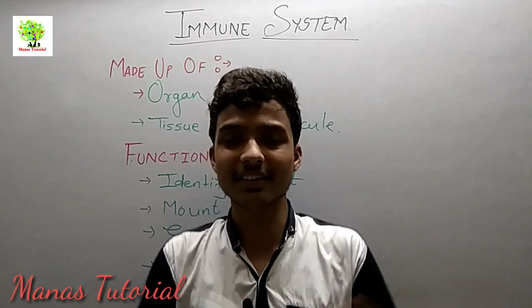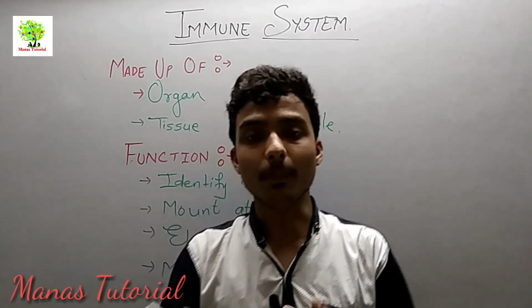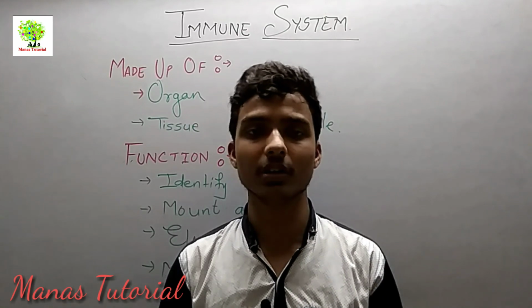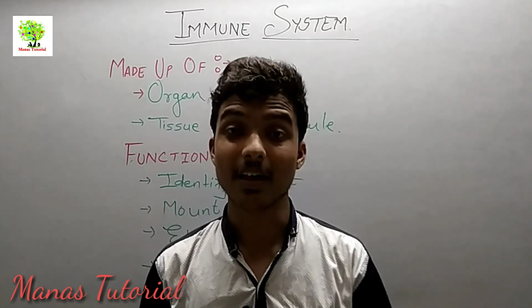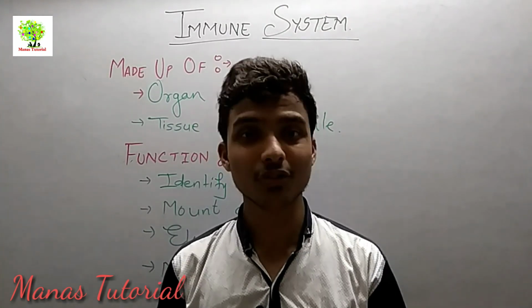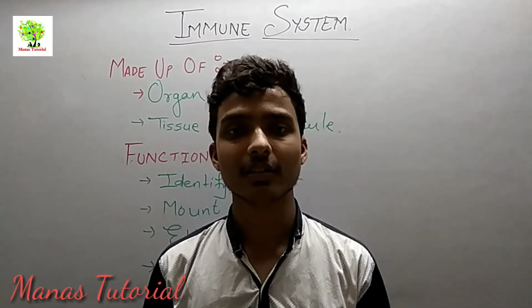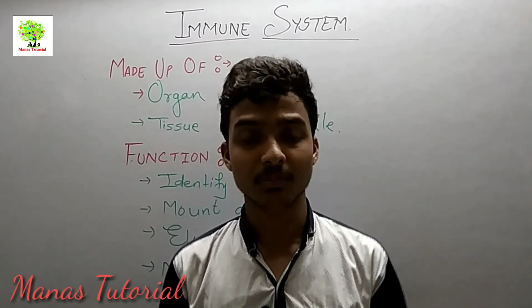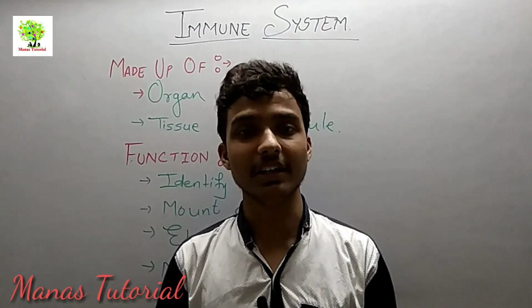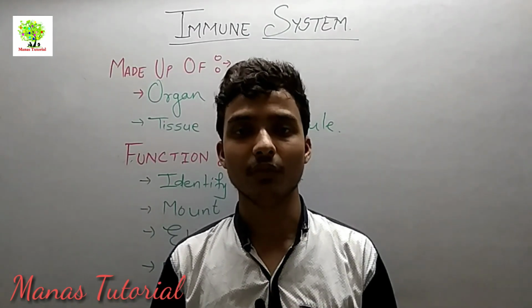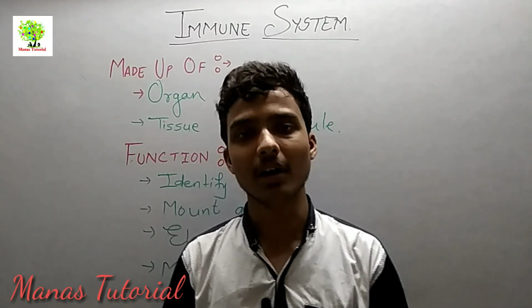The immune system prevents our body from foreign particles such as pathogens. Pathogens may be viruses, bacteria, protozoa and fungi. It means the immune system is a protective mechanism which protects our body from the outside.